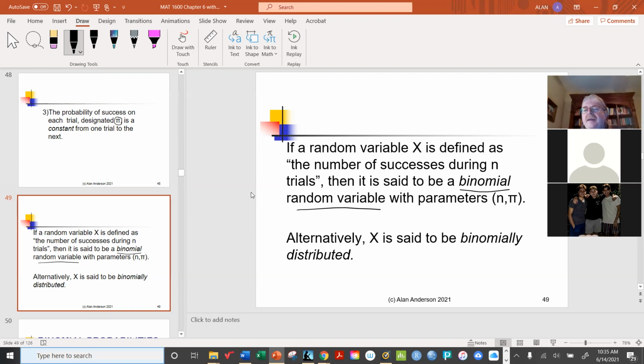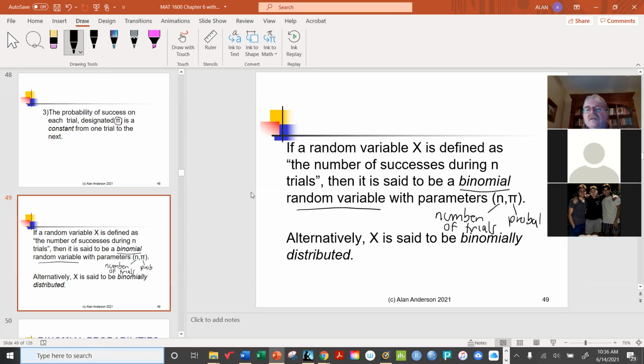Now, here the word parameters tells me that there are 2 things that uniquely characterize this random variable: the number of trials and the probability of success.